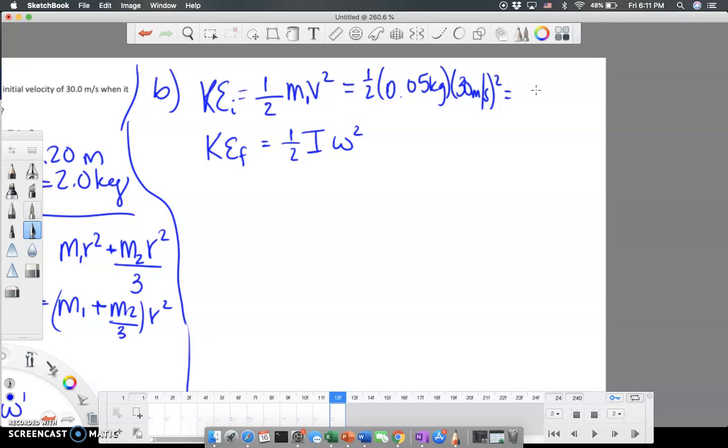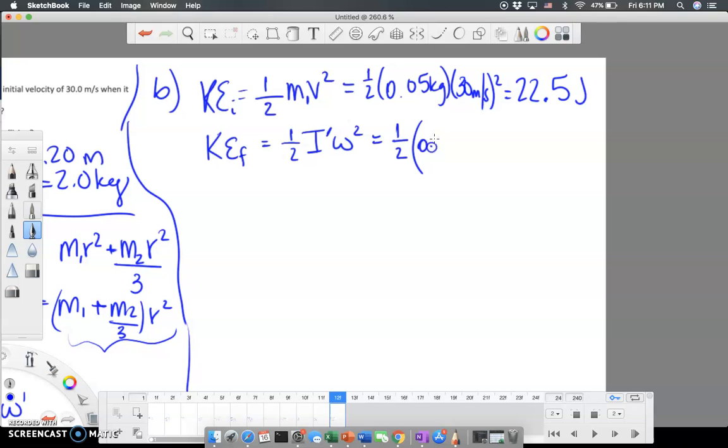Putting that into our calculator, we get the kinetic energy was 22.5 joules. After the collision, we have 1/2 times I prime. That's going to be the inertia of both the masses, so I'm going to plug it in as so.